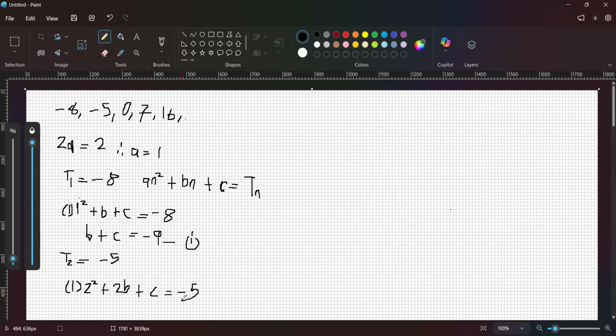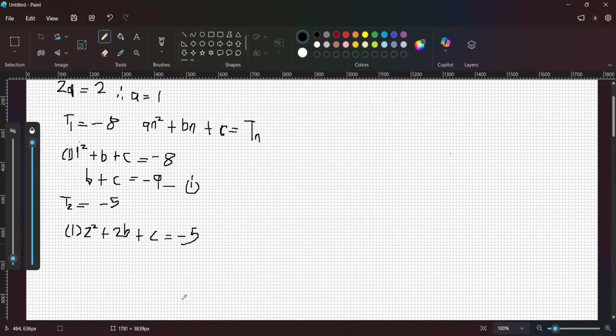Okay. All right. So the next thing we're going to do now is let's clear this first side. The 2 squared is 4. 4 times 1 is 4. So we're going to move that 4 to meet minus 5, the same way we did for the first one.